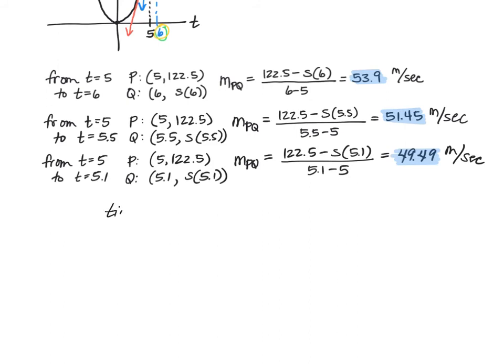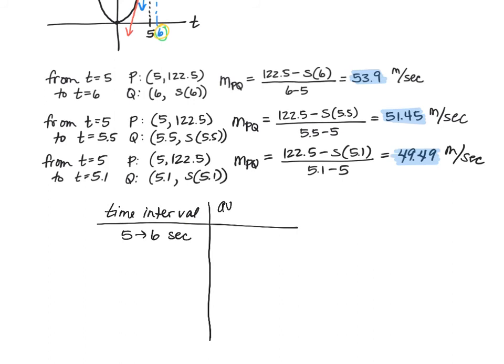So we're essentially looking at our time intervals. Our first time interval was from t equals 5 to t equals 6, so I'll just write from 5 to 6 seconds. We're comparing that time interval with the average velocity for that time period. And that was found by computing the change in position over the change in time, which graphically represented the slope of the secant line PQ.